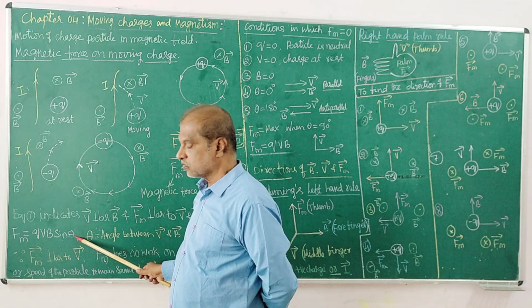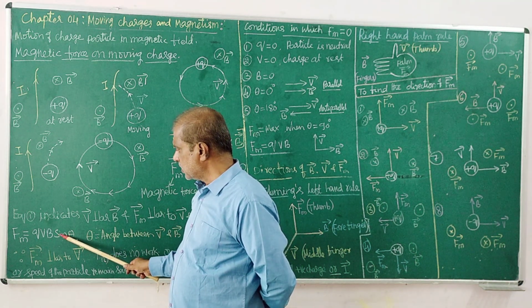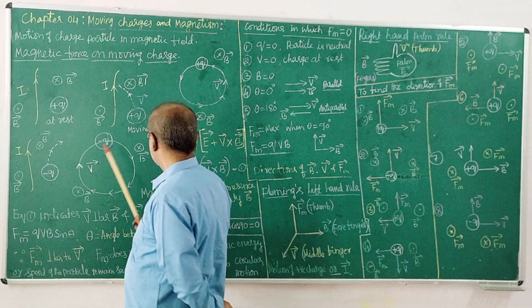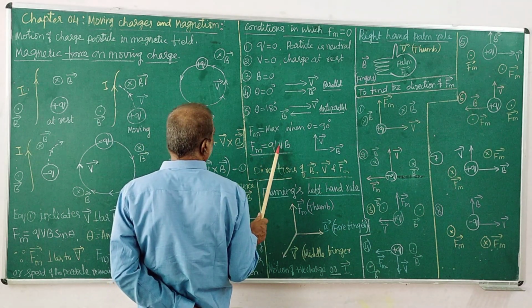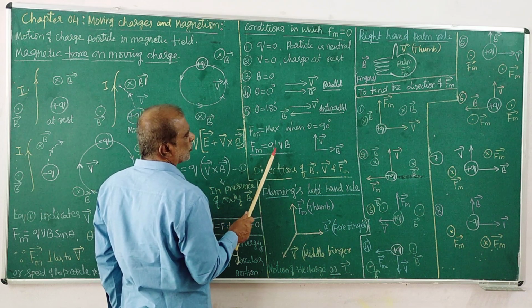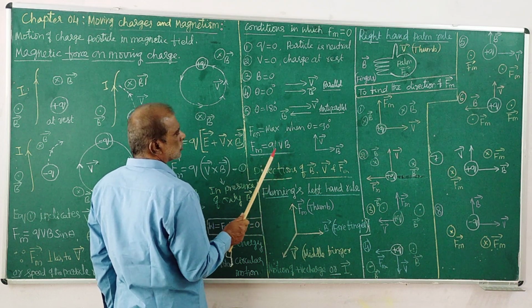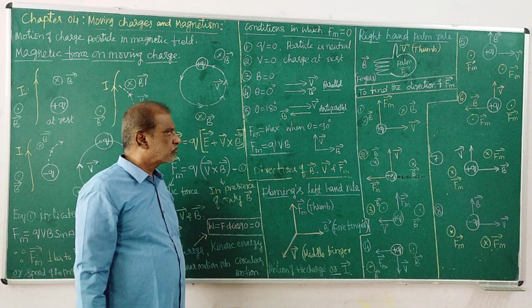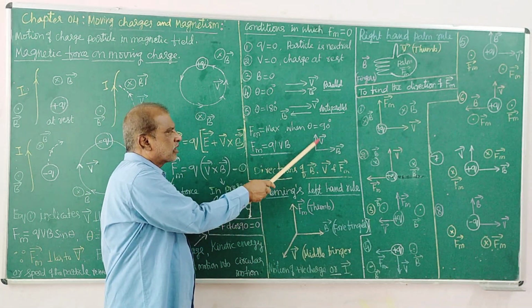That is the variation. With theta equals 90, sin 90 is 1. The maximum value is Q into V into B. The value of Fm is maximum when you multiply all these quantities, and they are perpendicular like this.